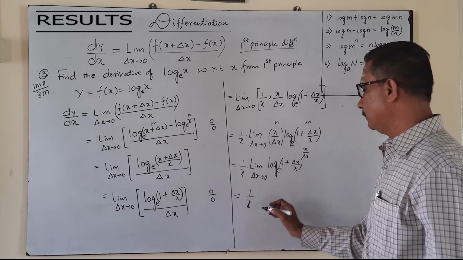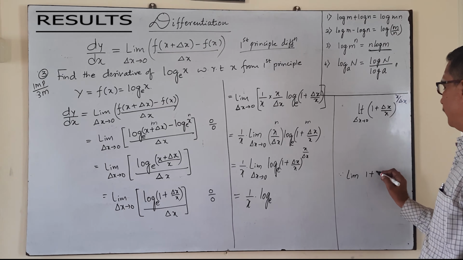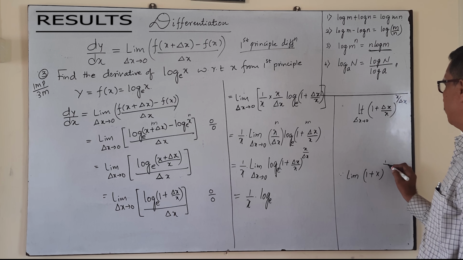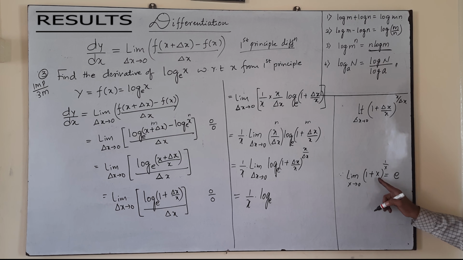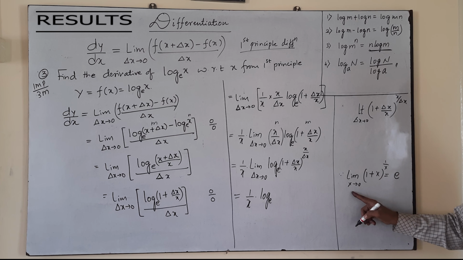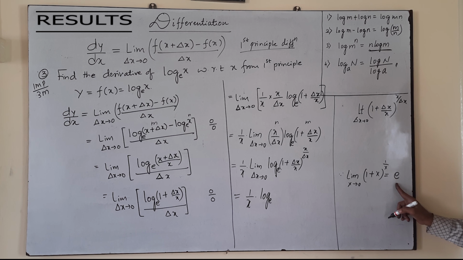Now remember one more formula, a standard result for limit. That is, limit of 1 plus x whole power 1 by x as x tends to 0 is equal to exponential e. This is the standard result for limit.